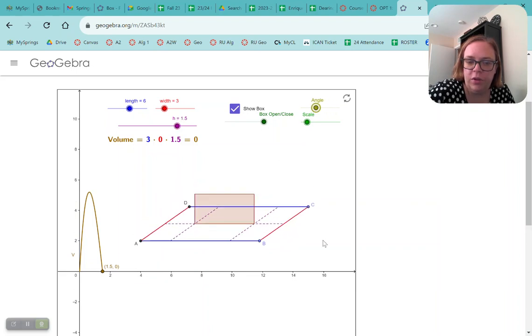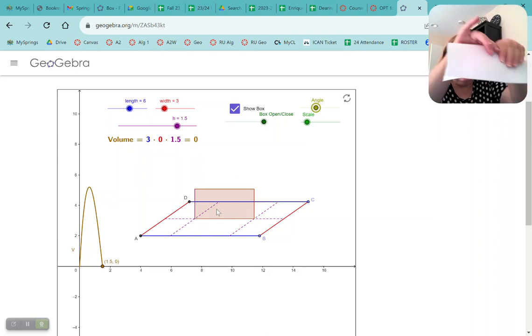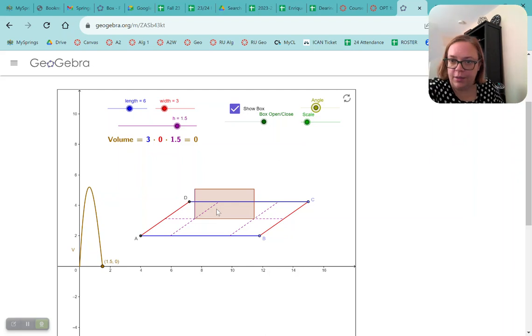It's just a folded line. It's completely flat. It has no volume because it would look like this. Here's your box. Completely flat. It doesn't make sense, right? But that's why the volume is 0.